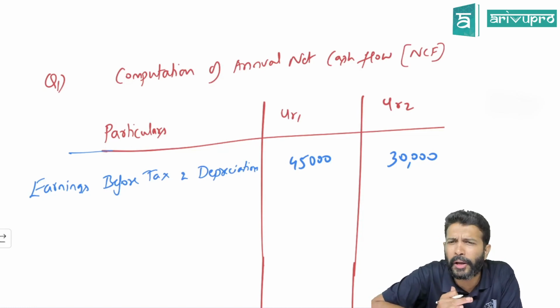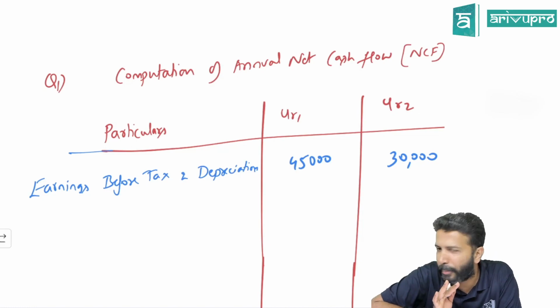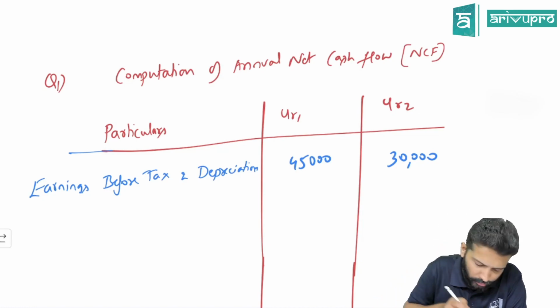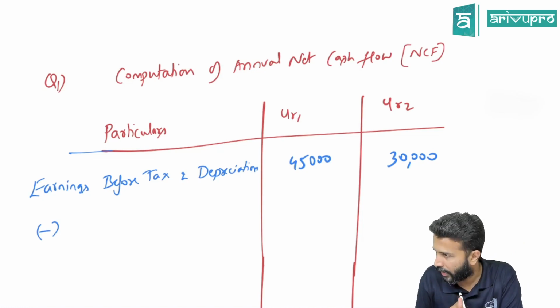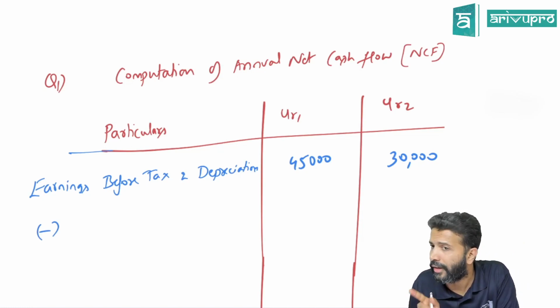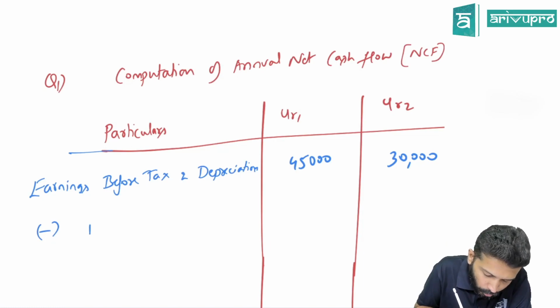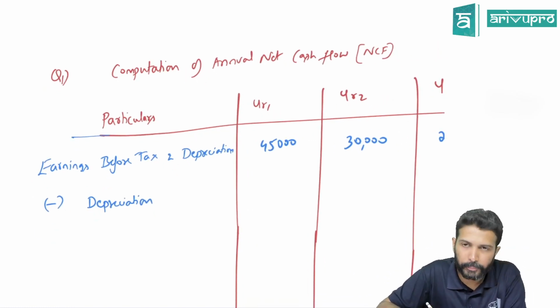You have to deduct all the expenses, whichever need to be deducted. Then you will get the correct profit, and on that you pay the correct amount of tax. First I have to deduct what here then? Deduct depreciation, because before paying tax, all expenses need to be deducted.